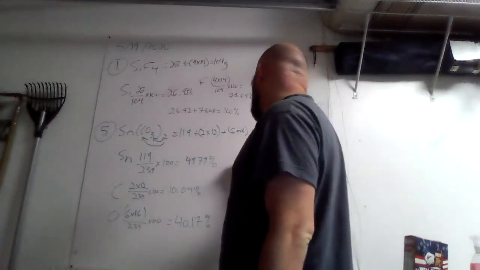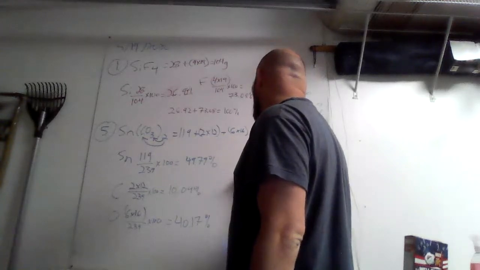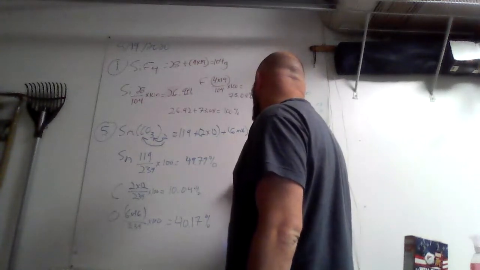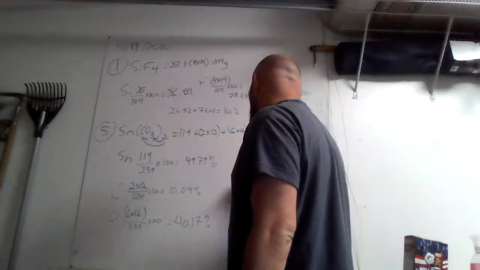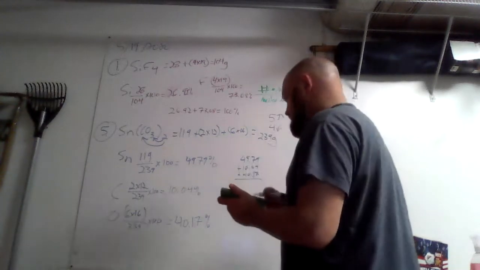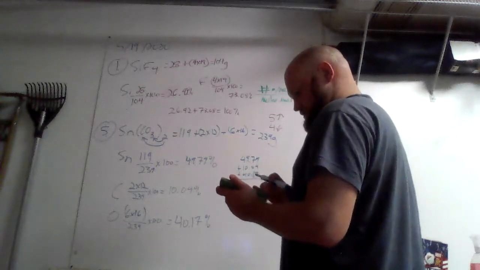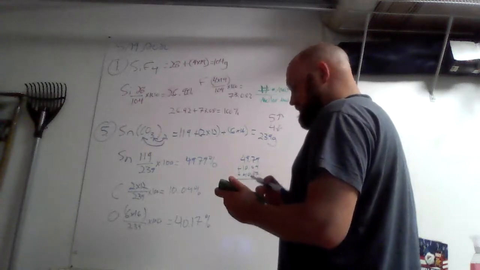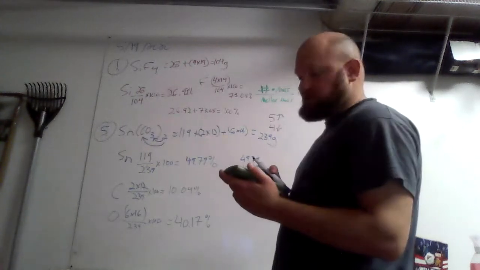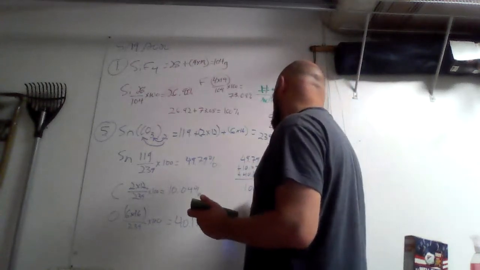So if I add 49.79 plus 10.04 plus 40.17, and although I know some of you guys are mental math magicians, I recommend you use your calculator just so you don't mess it up. And I get 100%, which is what I want to have.